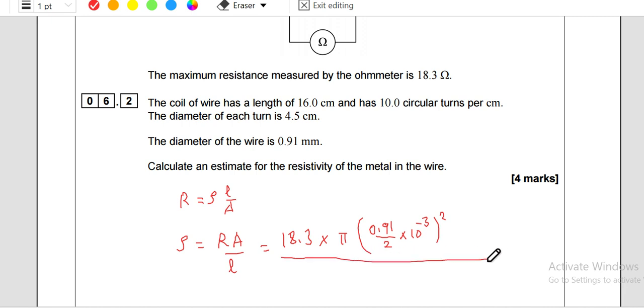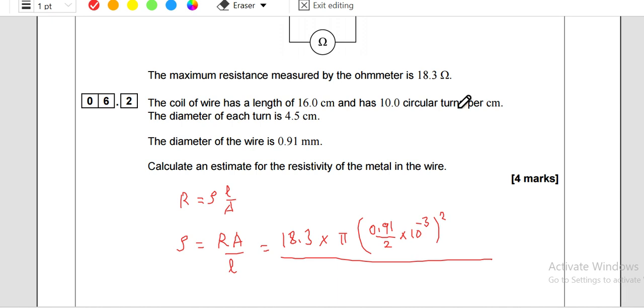divided by L. We don't have L explicitly, but we have the coil length, the coil in which the wire is formed, to be 16 centimeter. Through this length we have 10 circular turns, which each have a circumference of 2 pi r.